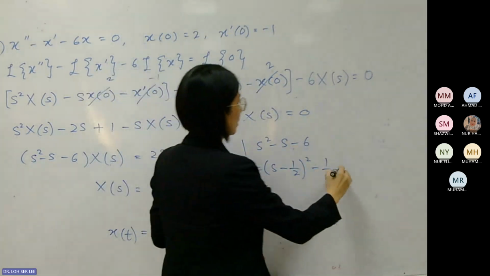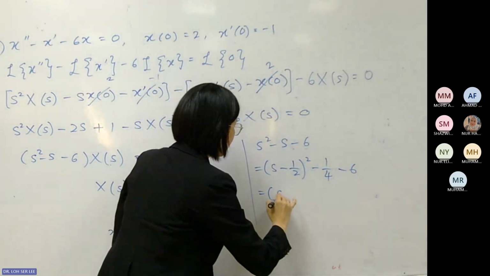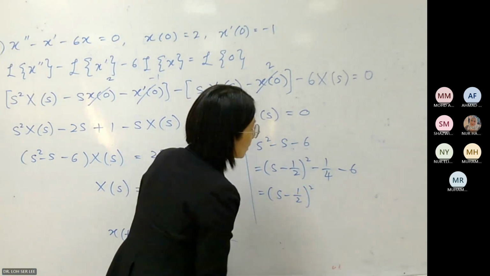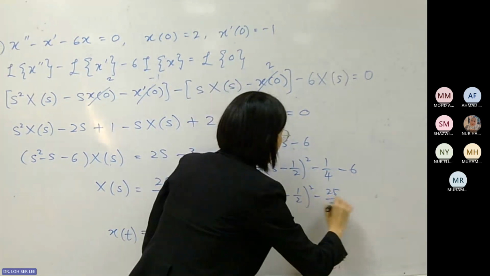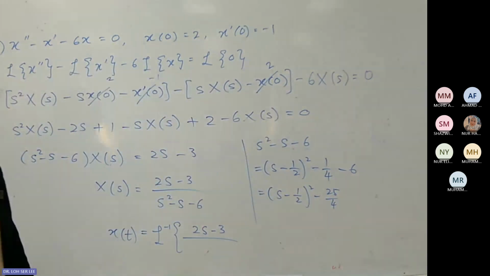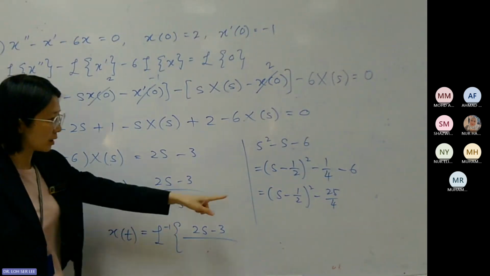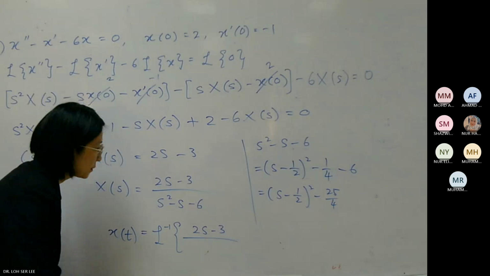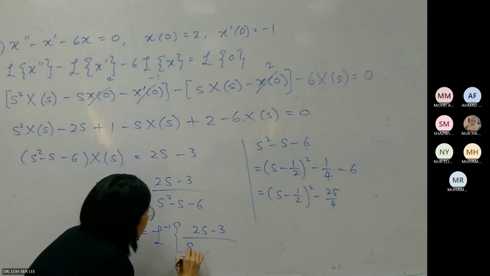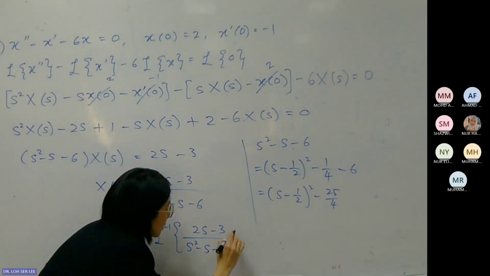Continue with this minus 6. So you get this. This is 25/4. So meaning that after we complete the square, we get this. Minus s minus 6.